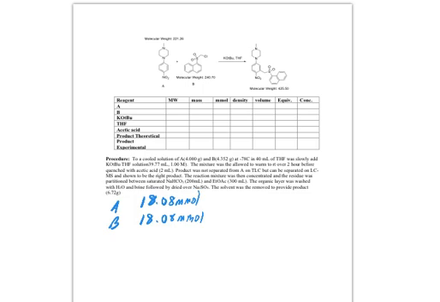For the potassium t-butoxide, we had 39.77 millimoles. And for the acetic acid, I'll just draw out the structure of acetic acid, we had 35 millimoles.